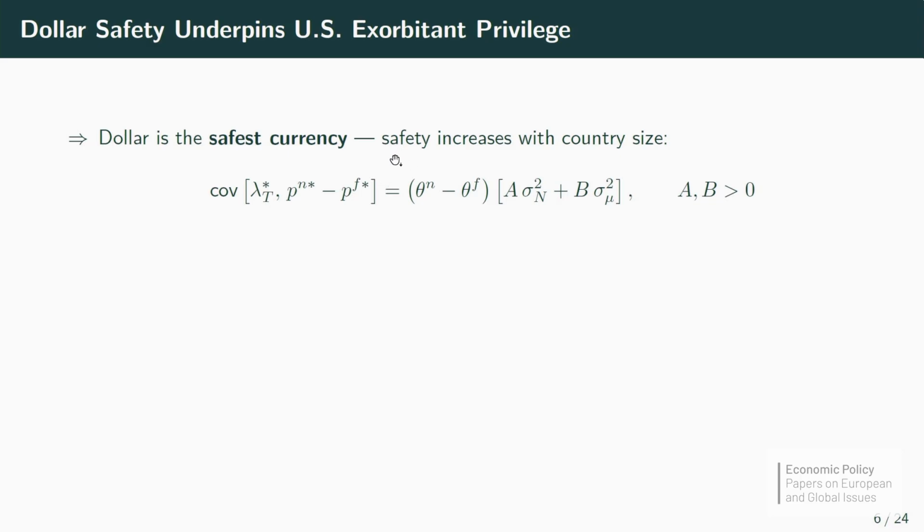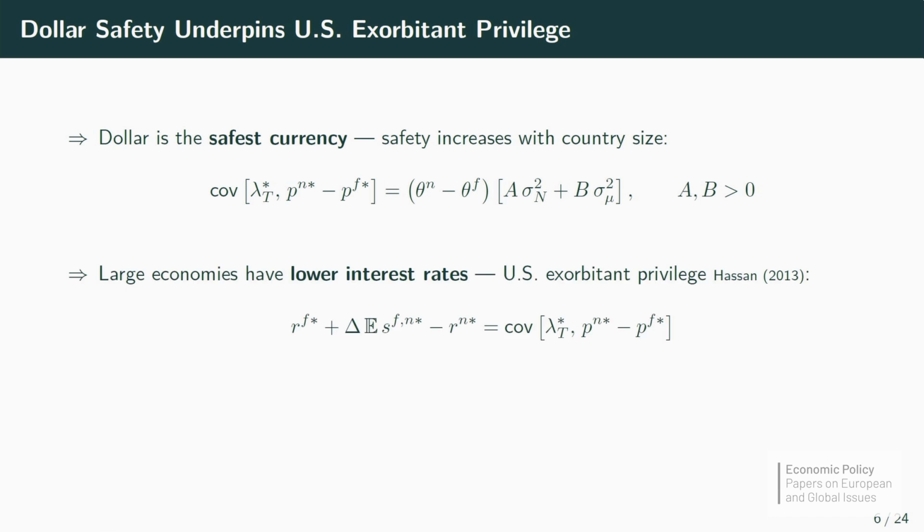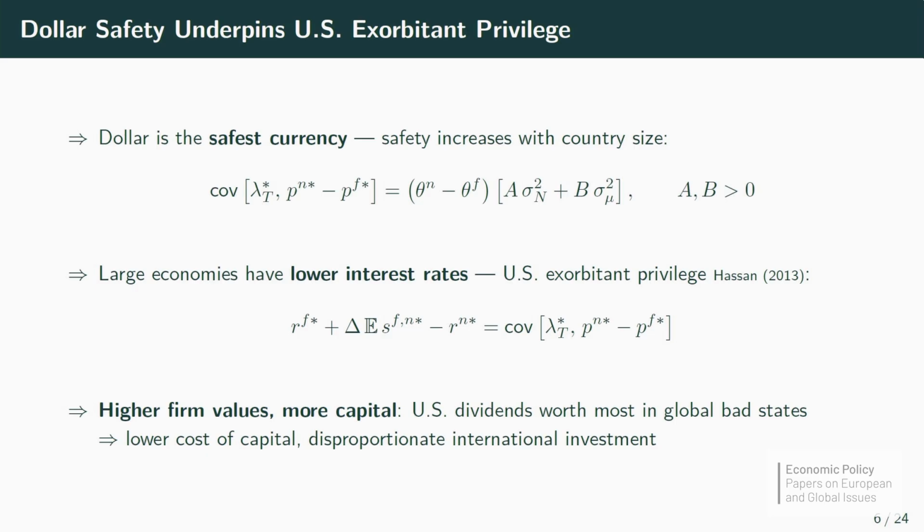And in particular, safety increases pretty generally with country size. As a result, larger economies are going to have lower interest rates. People are going to want to hold the dollar because it appreciates precisely in those states of the world where the marginal utility from consumption is really high.